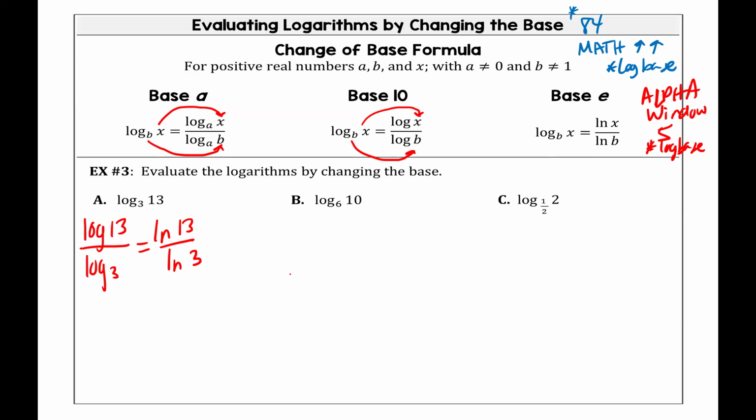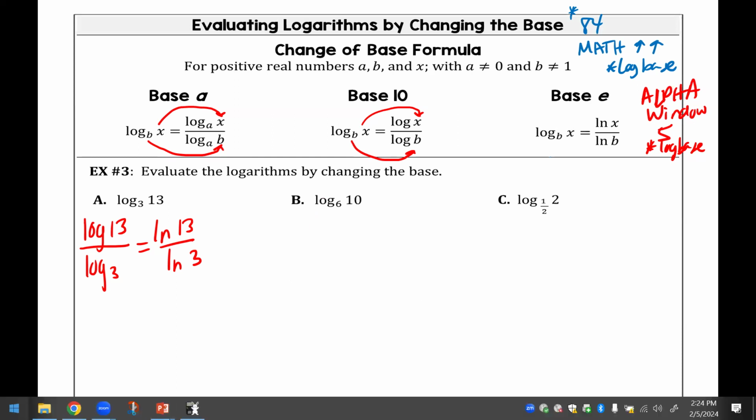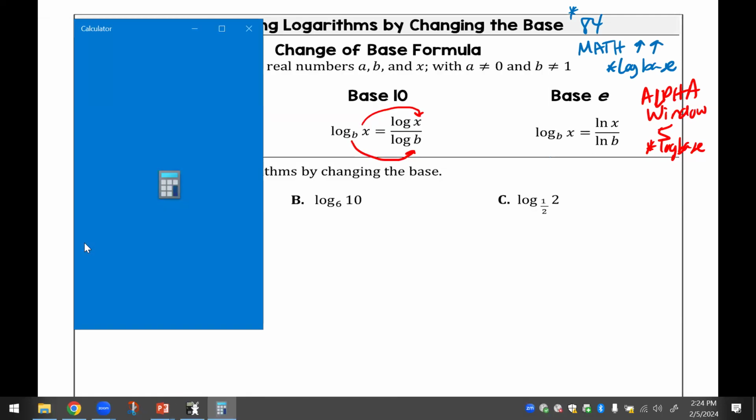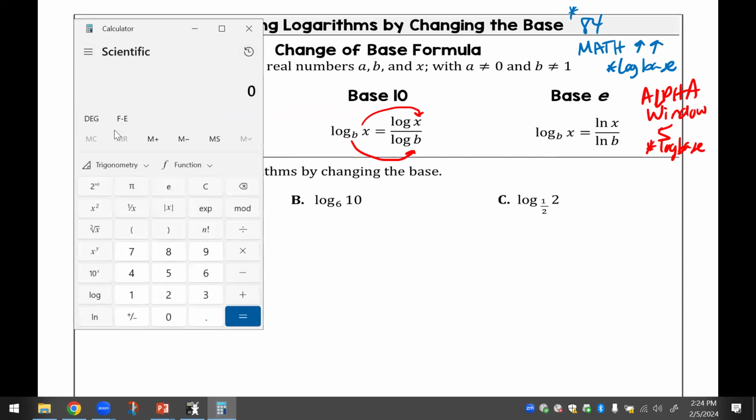Okay, so let's go to our basic calculator. I'm just clicking on a regular computer calculator and making sure it's in scientific mode. Now I'm going to take the log of 13 divided by the log of 3.